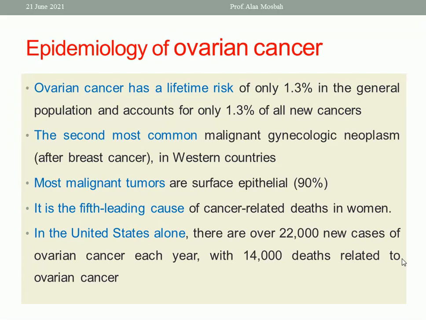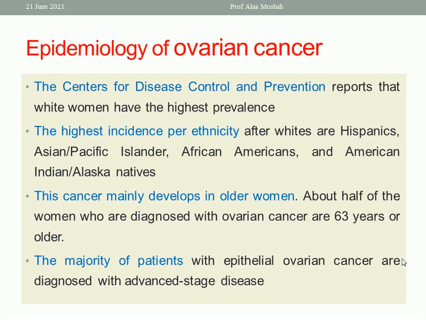Most malignant tumors, as we mentioned before, are surface epithelial. It is the fifth leading cause of cancer-related death in women. What about the United States? In the United States alone, there are over 22,000 new cases of ovarian cancer each year, with 14,000 deaths related to ovarian cancer, and this is a large number.